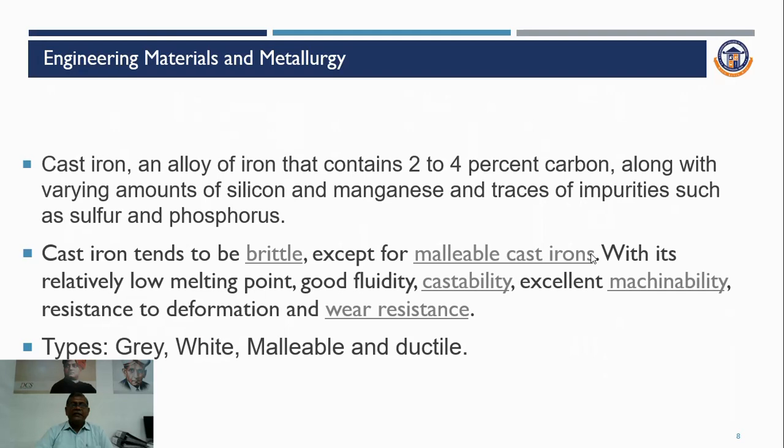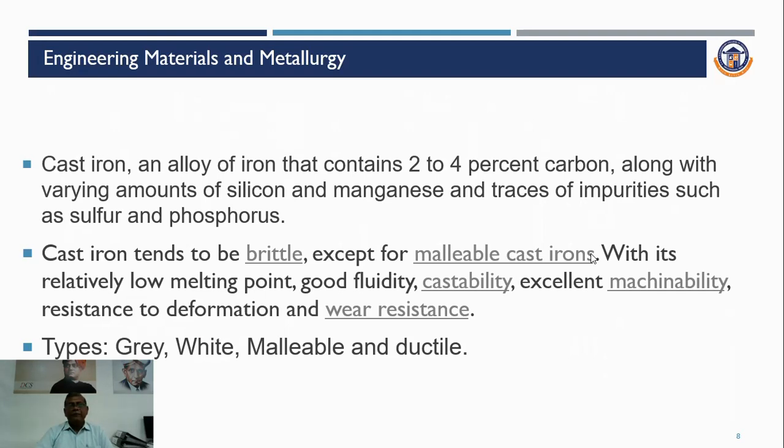It has a relatively low melting point, good fluidity, castability, excellent machinability, resistance to deformation, and wear resistance. These are all the important characteristics of cast iron. When compared to steel, it has a relatively low melting point.